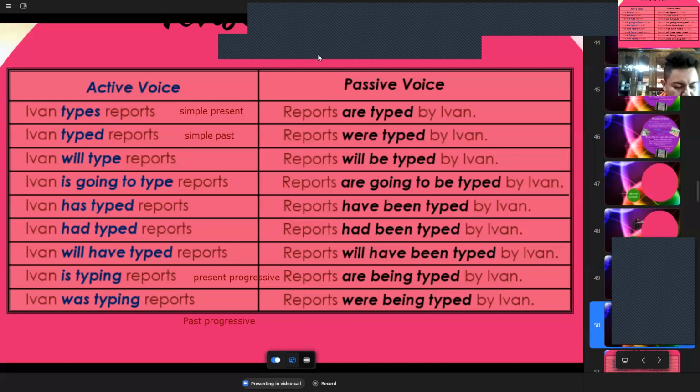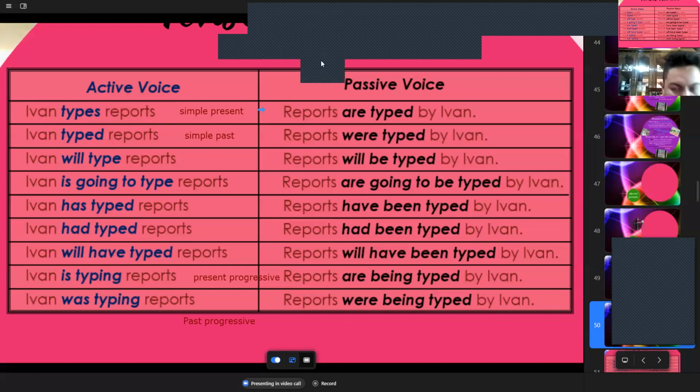Now, in today's class we are going to analyze the passive voice for present and past. So the first one is the change that we have here. Ivan types reports is going to be used are typed.